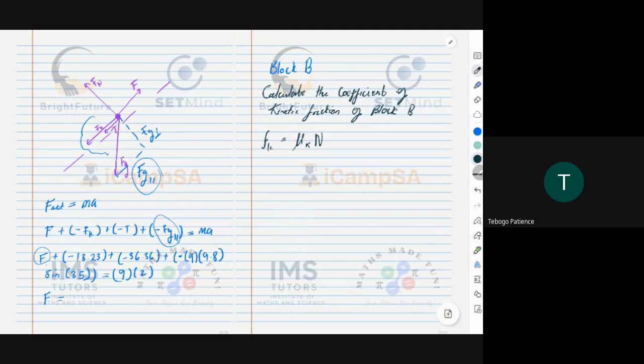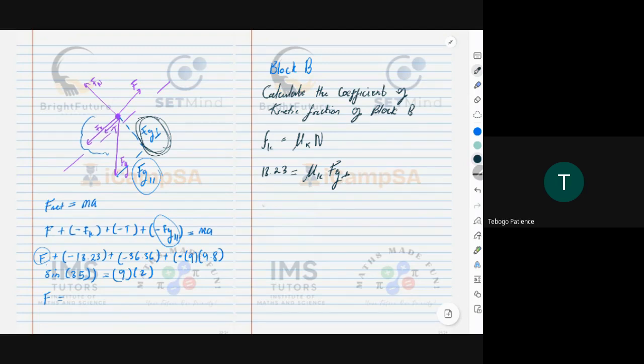Okay, N, right? So in this case, your N is equal to this, right? So you can say you have your Fk as 13.23 equals mu K. Then your normal force, remember, don't say normal force is equal to mg in this case. It's going to be your normal force equals Fg perpendicular, like this, right?